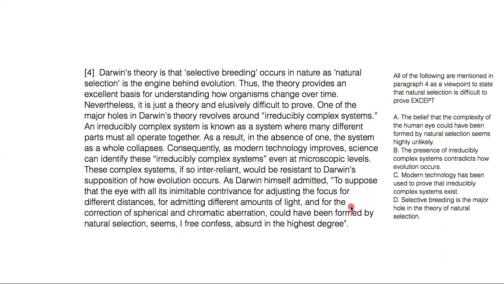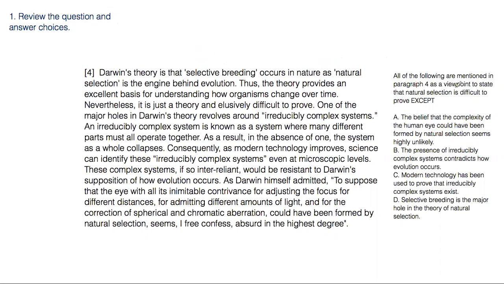So let's give you our 3 strategies for tackling this type of question. Strategy number 1 asks you to review the question and the answer choices. So let's read the question. All of the following are mentioned in paragraph 4 as a viewpoint to state that natural selection is difficult to prove except. So let's shorten this question down so that we can figure out what we are looking for here.